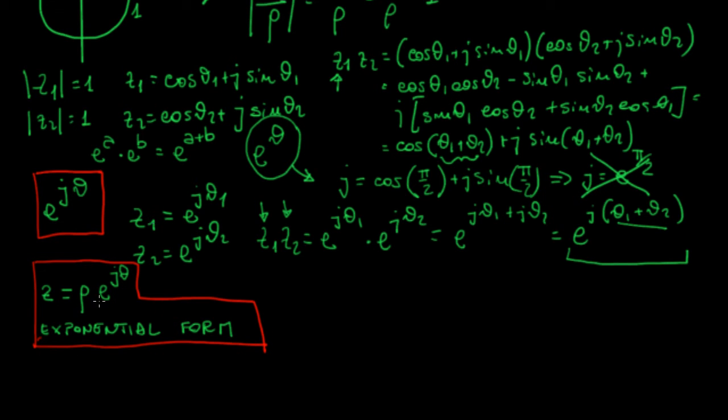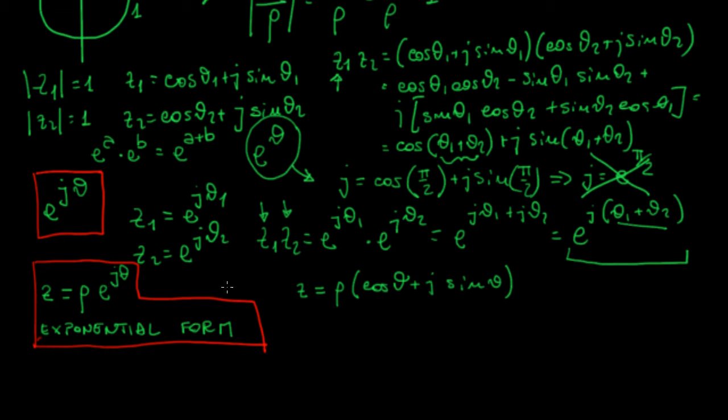If we want now to map this exponential form into the trigonometric form, well, this is straightforward to do, because z can also be written, in the trigonometric form, as rho times the cosine of theta plus j the sine of theta.